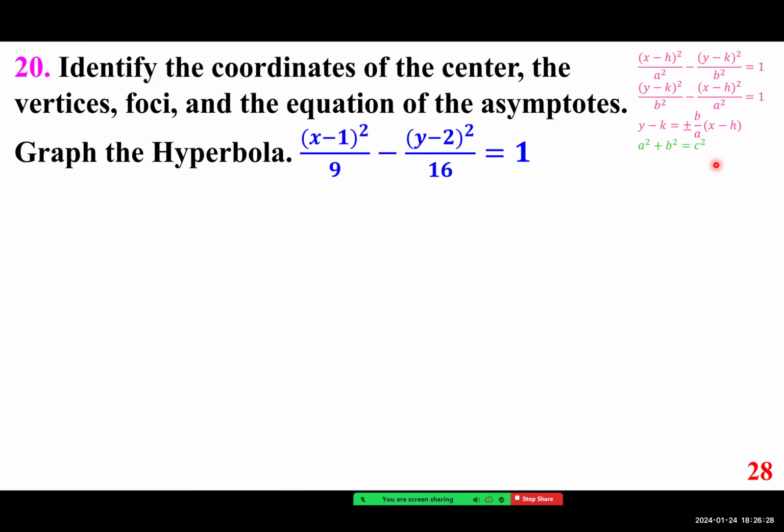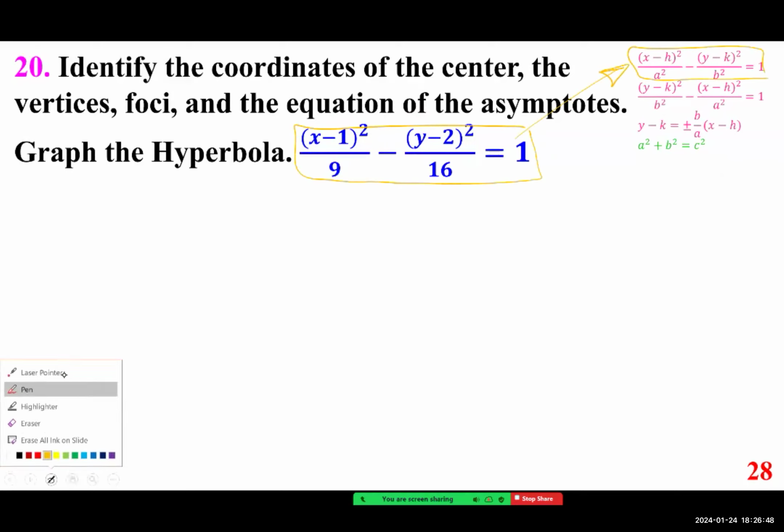So what do we have here? Centered at 1, 2. We compare x minus 1 squared to the formula. Therefore, a is the square root of 9 or 3, and b is the square root of 16 or 4.